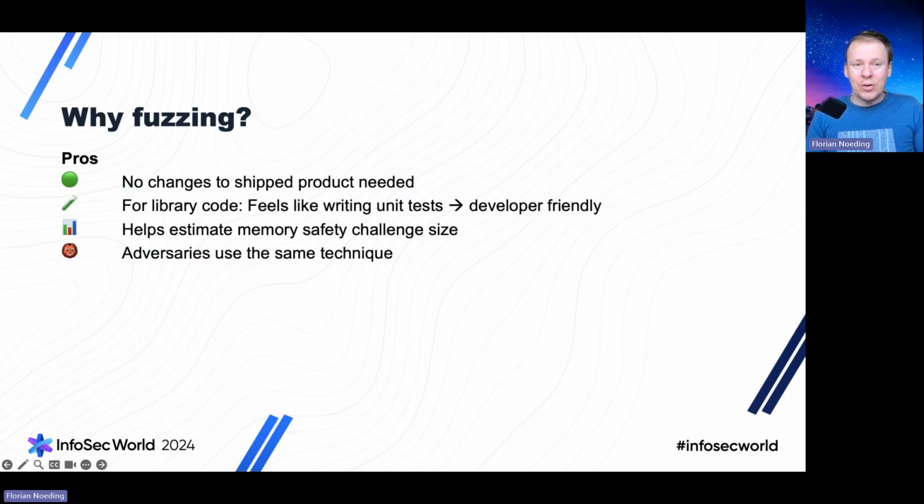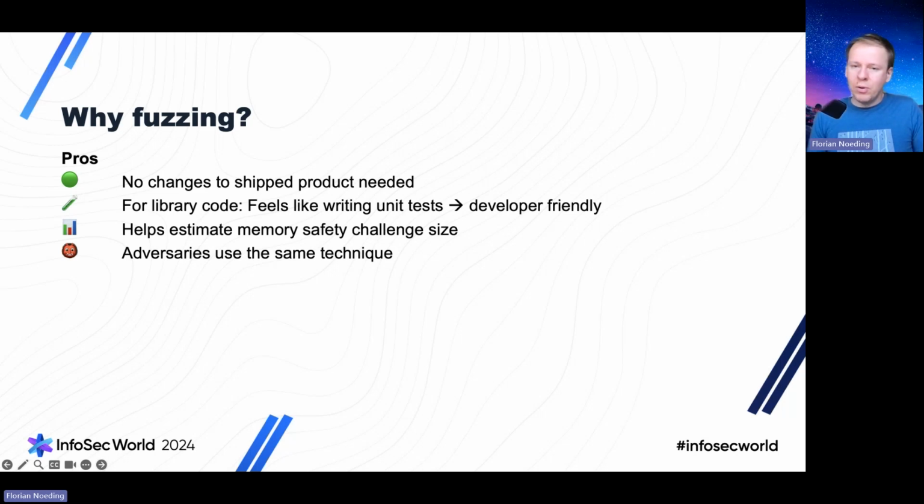Okay. So let's talk about why fuzzing. What are the benefits and the challenges with fuzzing? The biggest benefit is you don't need to make any changes to the product you're shipping. And if you are fuzzing libraries, it basically feels to engineers like writing unit tests. So this is very developer friendly, easy to get started with because they know how to use their libraries, so they can get started.